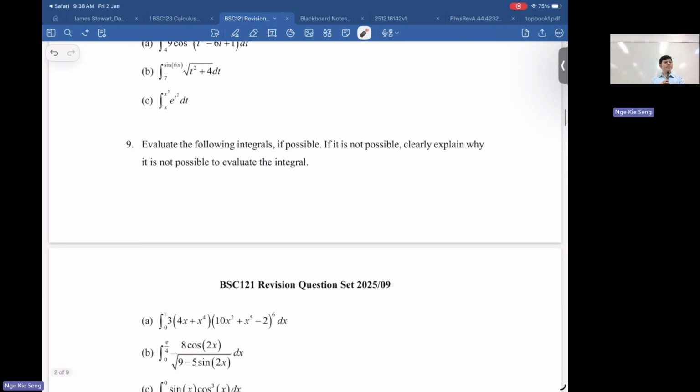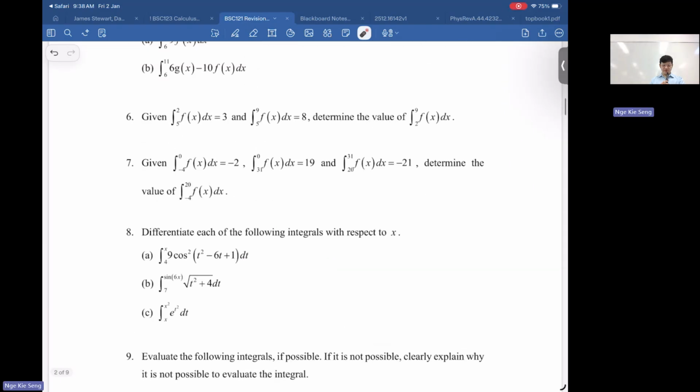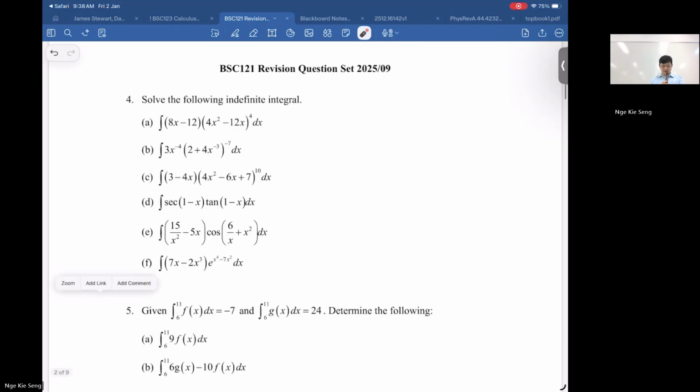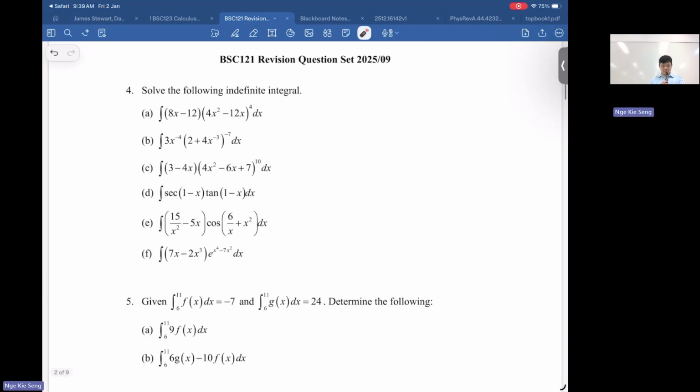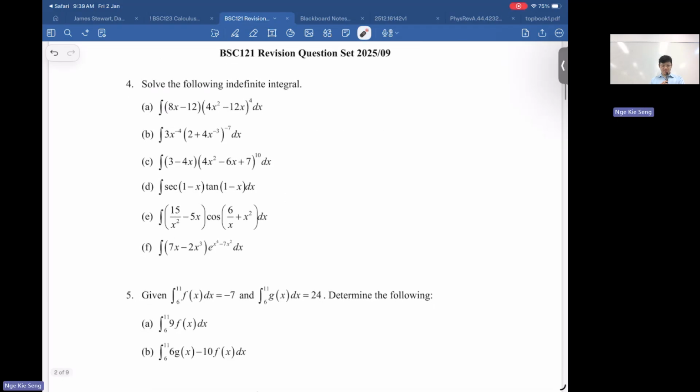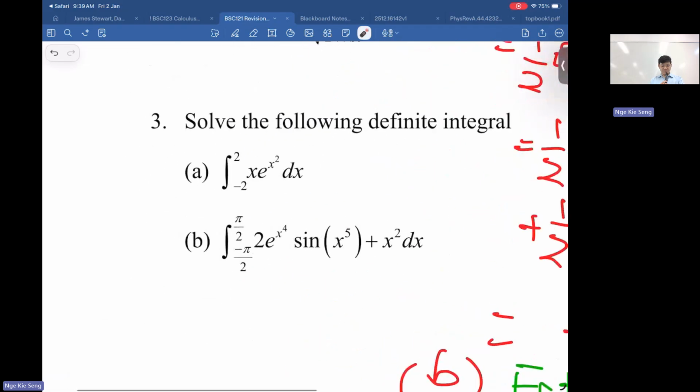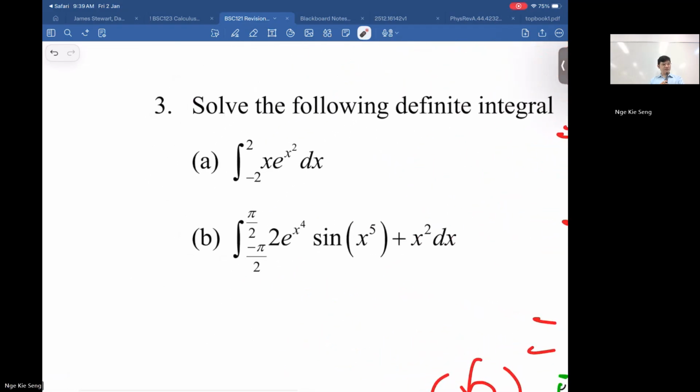Which one? Do you have a specific question here? Let's start with some specific question. Number three. Let's see. These two, both of these? Both.